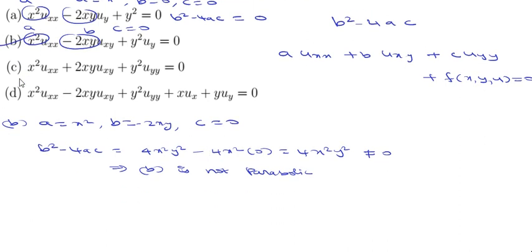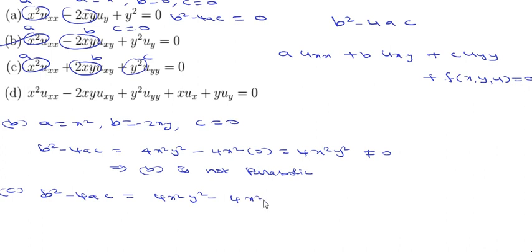So anyway we will check options C and D. Option C, so this is our A and this is B and this is C. So b square minus 4ac equal to 4x square y square minus 4 times a, which is x square, and c, which is y square. So this is nothing but 0, so this is parabolic.